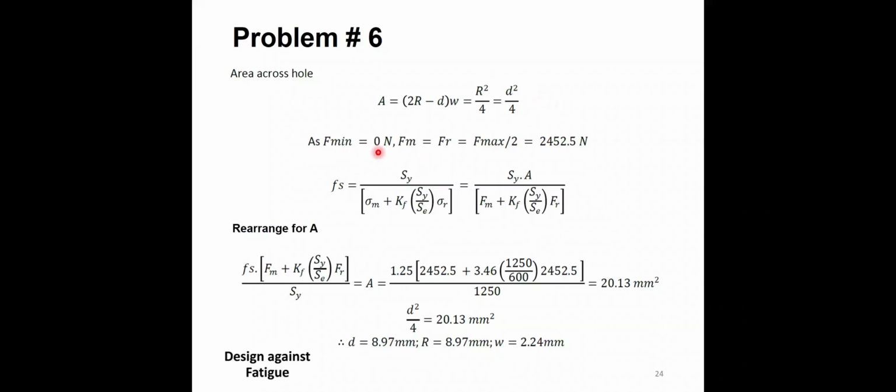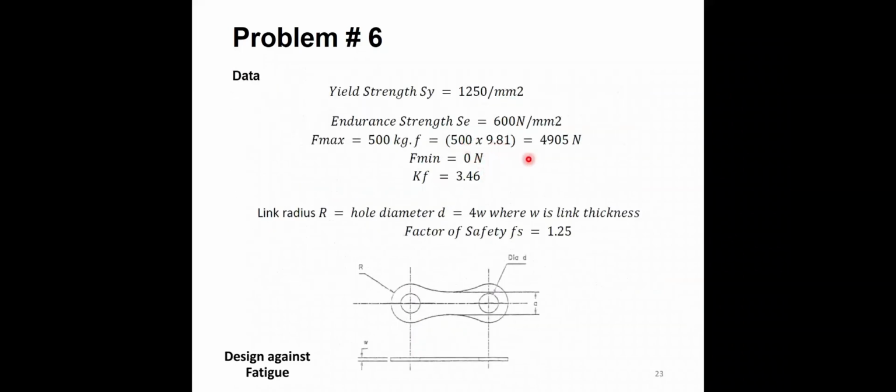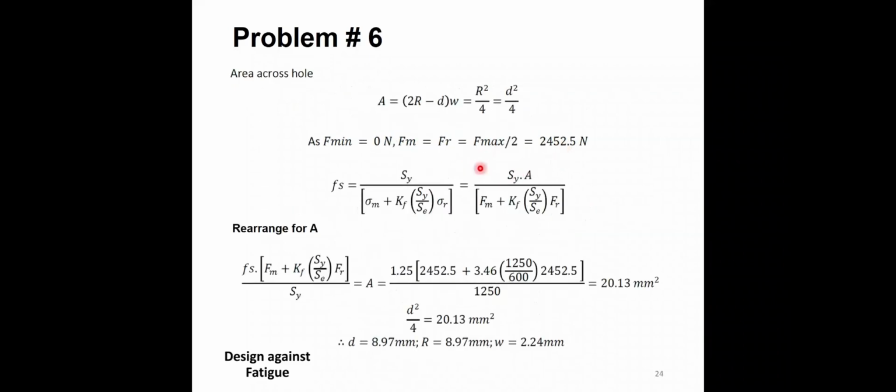The minimum force is 0, and the maximum force was calculated based on this equation here, 500 times 9.81. Based on that, the mean force is equal to F max over 2, and the reversed force is also F max over 2, if you use the mean and reversed magnitude definitions: maximum plus minimum over 2 for the mean, maximum minus minimum over 2 for the reversed.